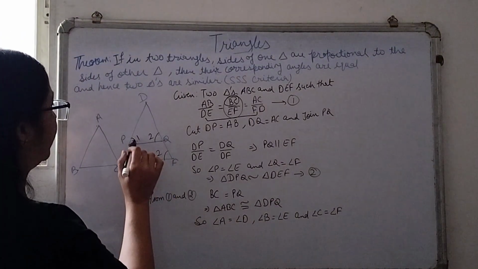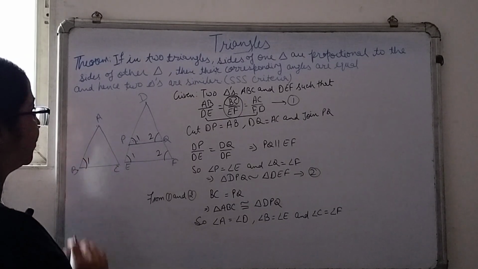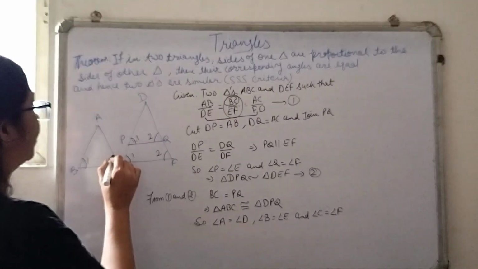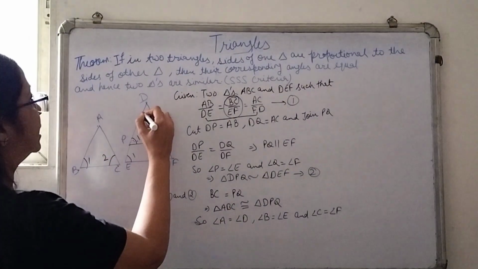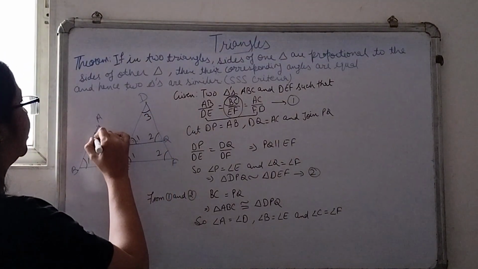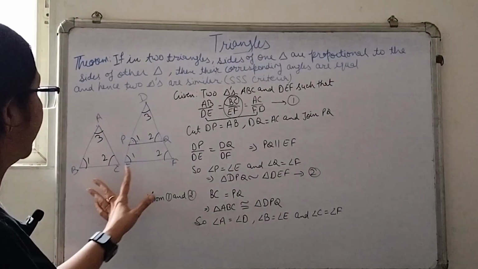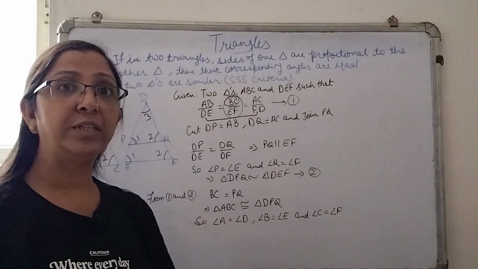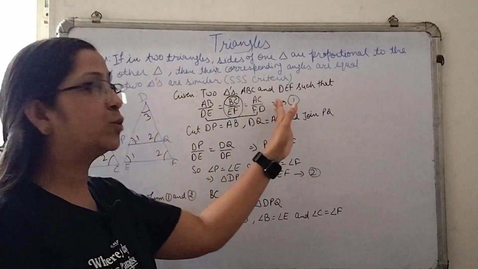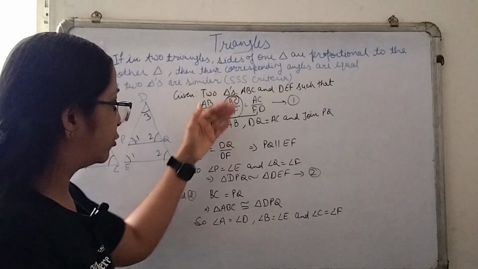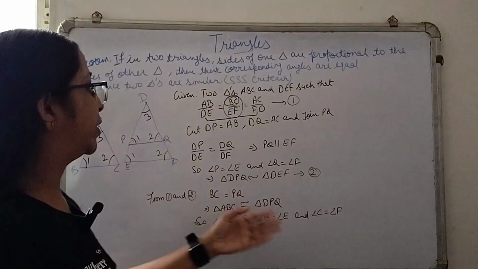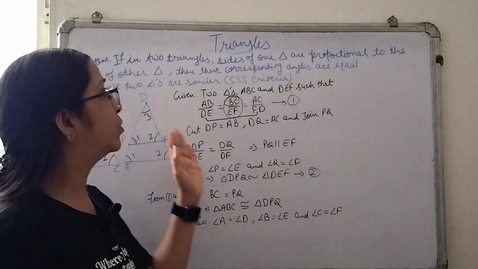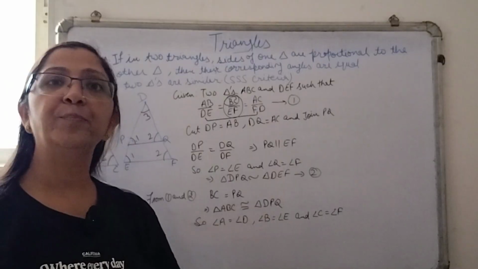So angle P will be equivalent to angle B, angle Q will be equivalent to angle C, and angle D will be equivalent to angle A. And if in these two triangles the corresponding angles are equal, and the corresponding sides were already given in ratio, we will say that the two triangles are similar.